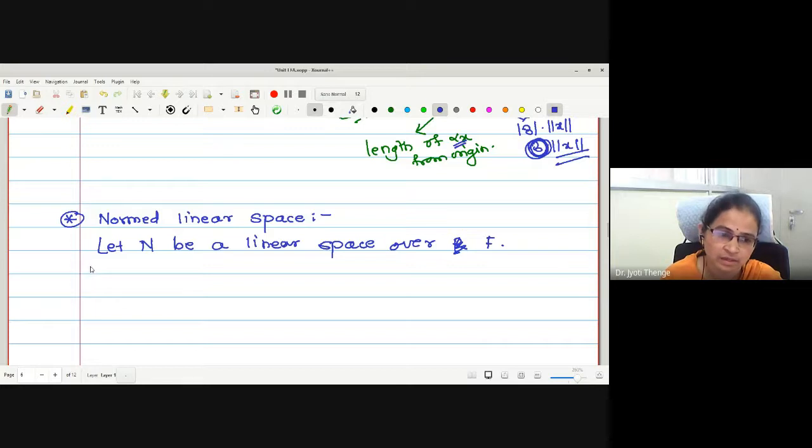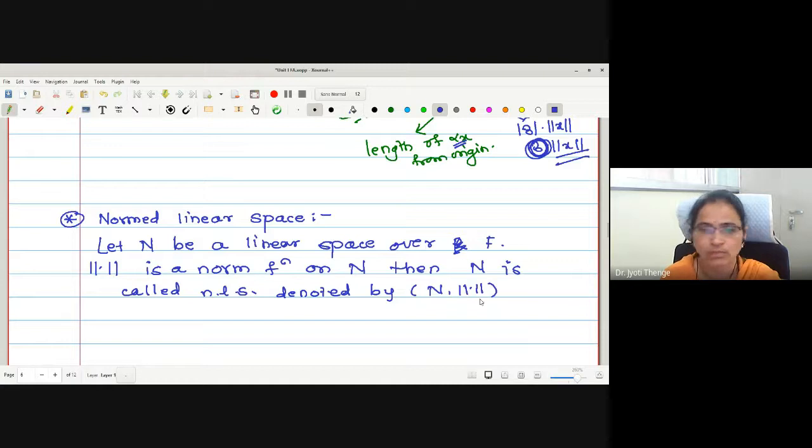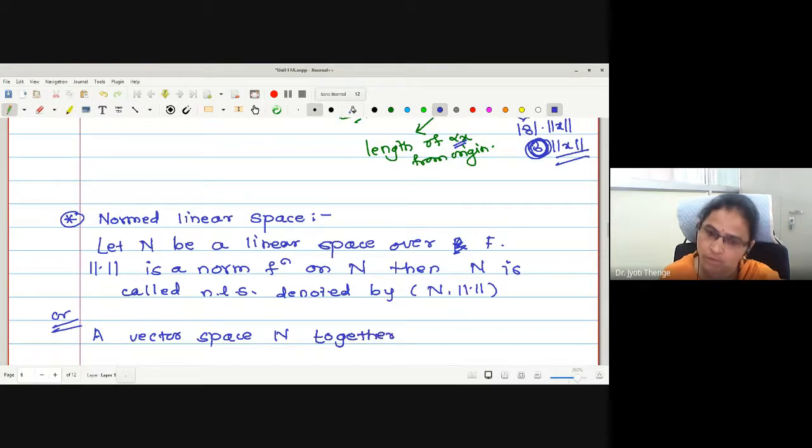If the norm is a norm function on capital N, then N is called a normed linear space. I'll write a shortcut now. Normed linear space denoted by N with norm. Or you can say a vector space N together with a norm.